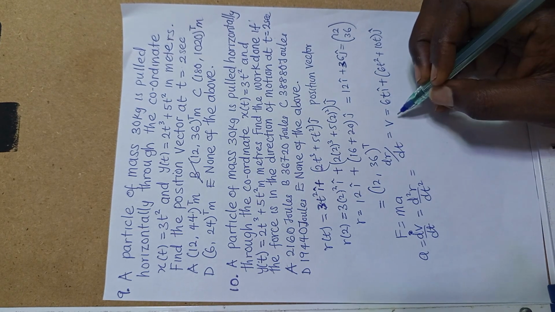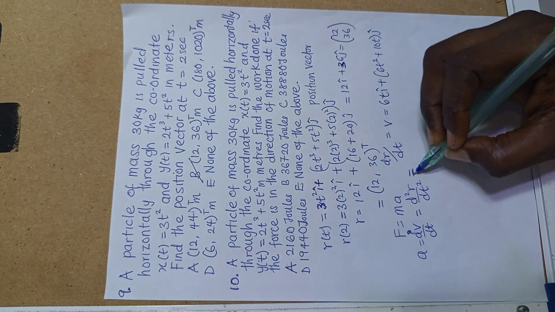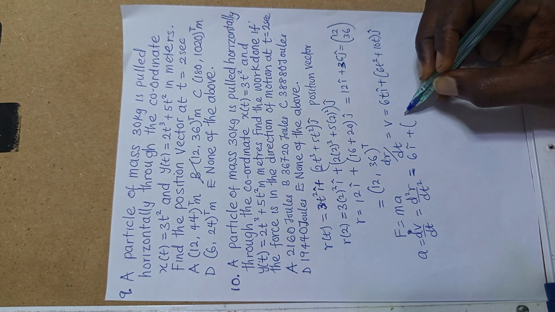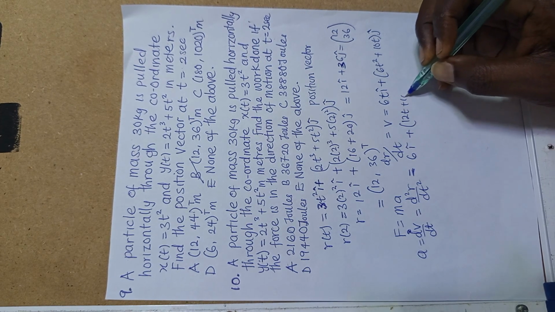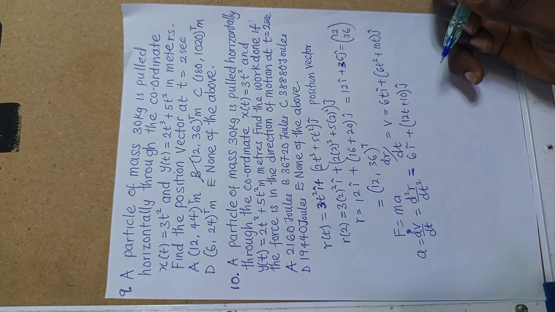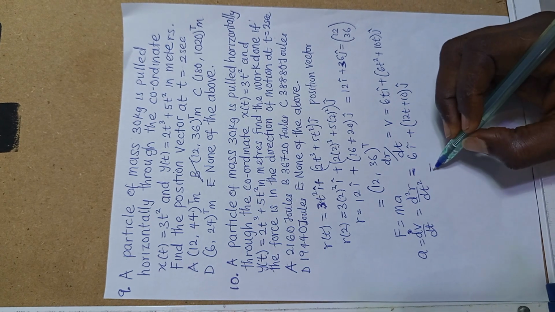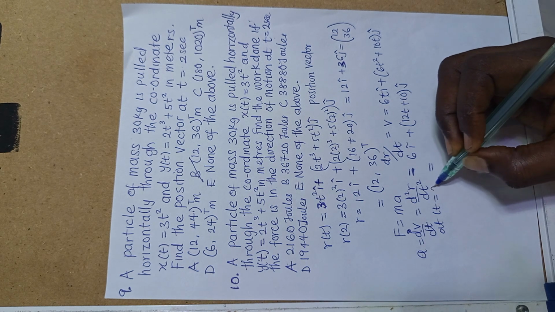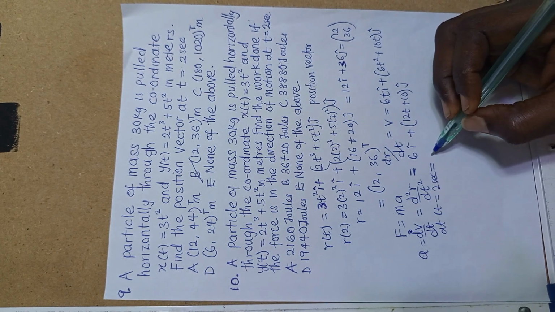So we differentiate velocity a second time to get acceleration. That gives us 6i plus 12t plus 10 j. Now we put in t equal to 2 seconds.